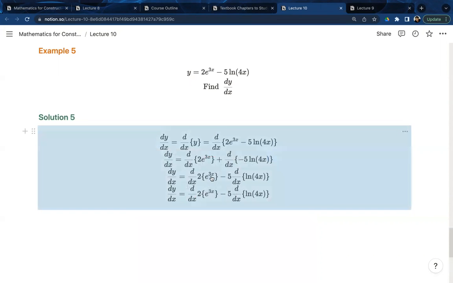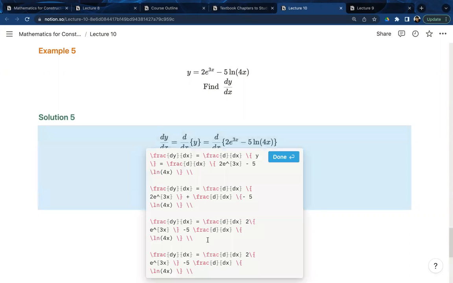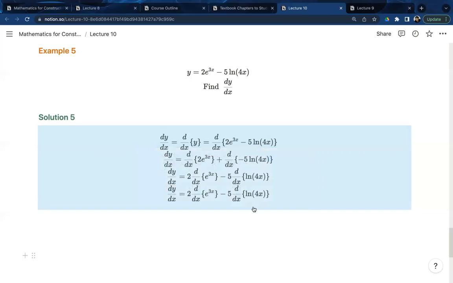The derivative of, sorry, this 2 is supposed to be here. Right, so the 2 comes outside, and the minus 5 comes outside, right?